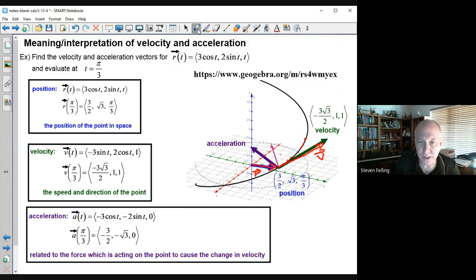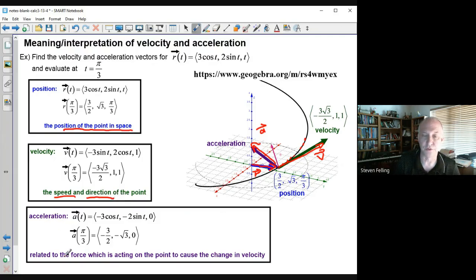And then, interestingly, this third vector, the acceleration vector back here, we're going to find shows what force is acting on this particle at this point to cause it to be changing its velocity in this way. Okay, so the position vector gives the position of the point in space. The velocity gives the speed and also the direction that it's moving at that instant.